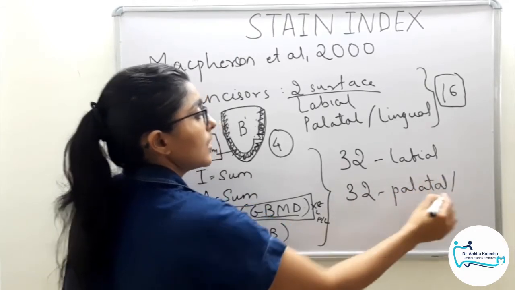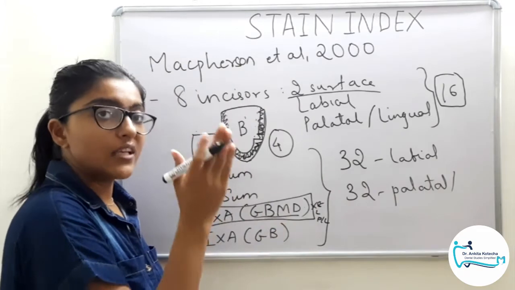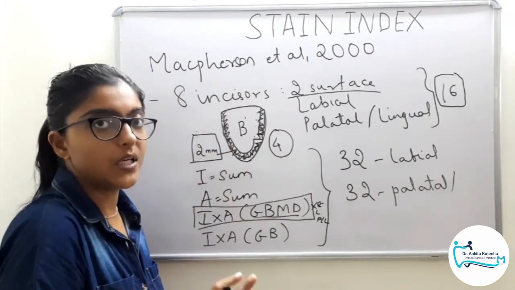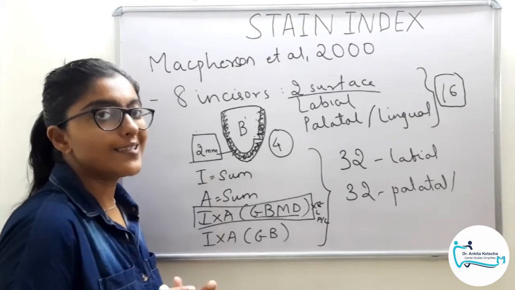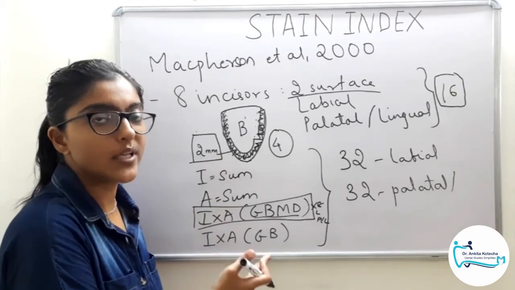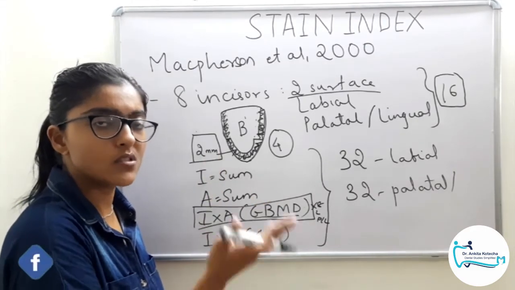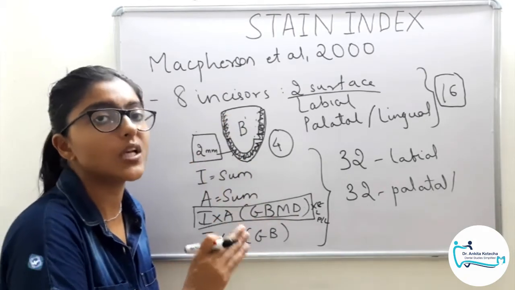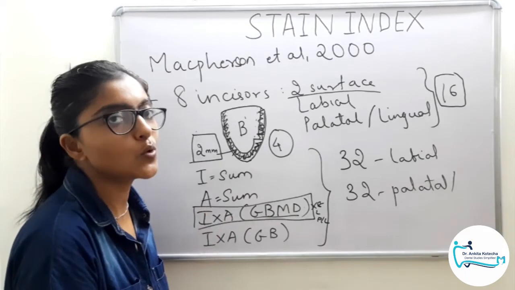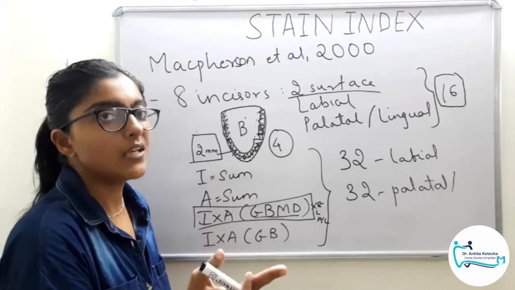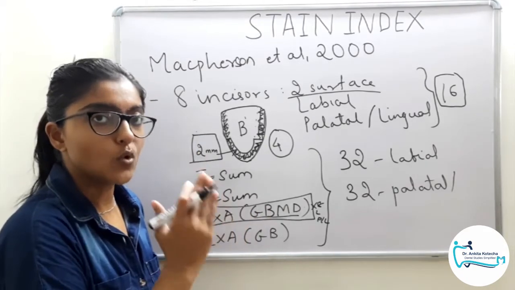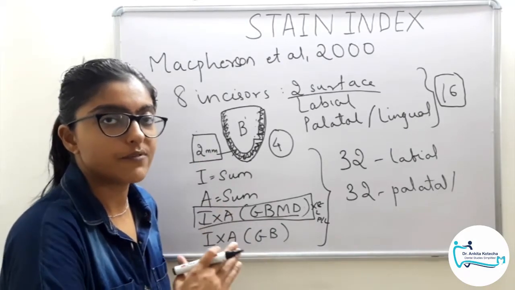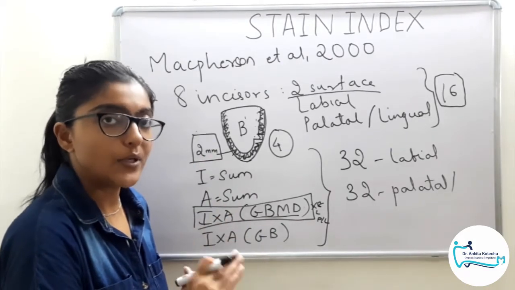Please note, the scores on the labial and palatals are not computed together. They are not summed up. They are evaluated separately, and that is why their scoring criteria is different. The scores of the intensity and area of distribution on the palatal or lingual aspect have nothing to do with the labial aspects and vice versa. Both the scores on the labial surfaces and on the palatal or lingual surfaces are scored and evaluated separately.